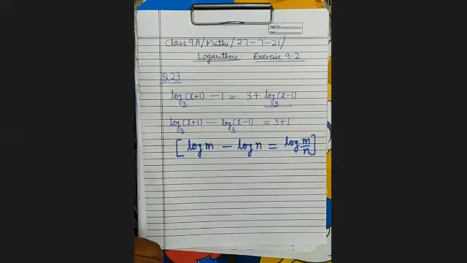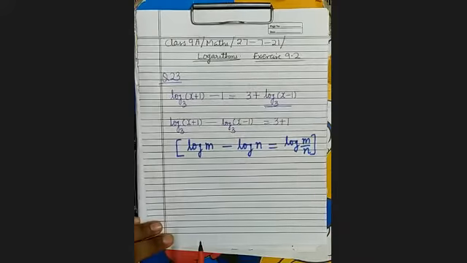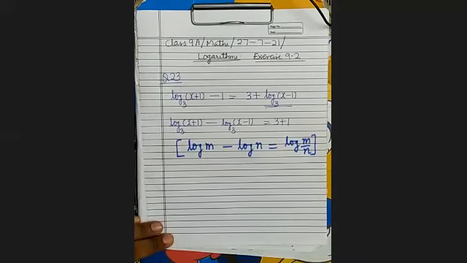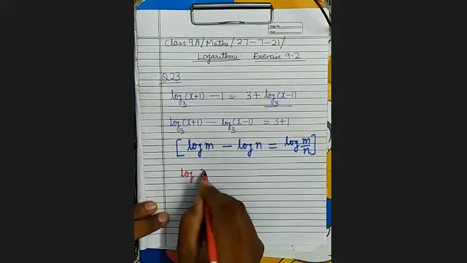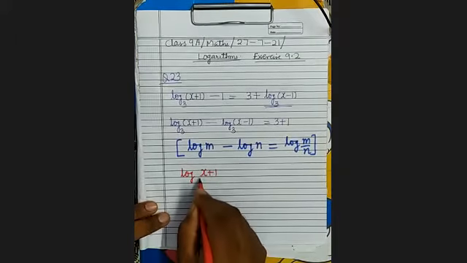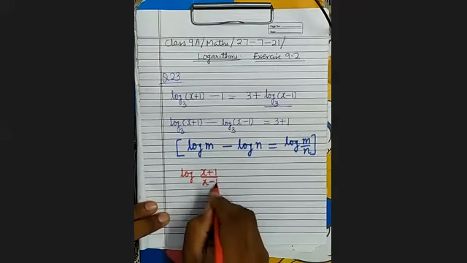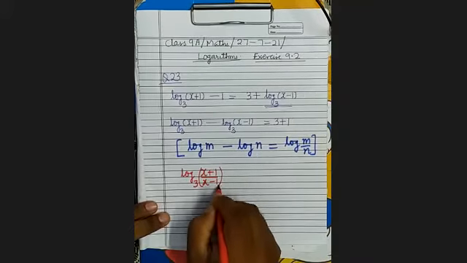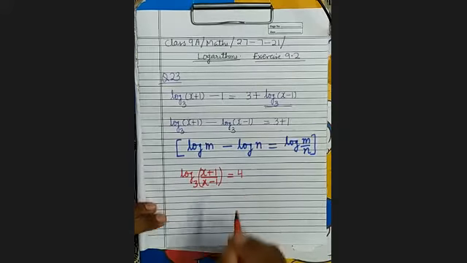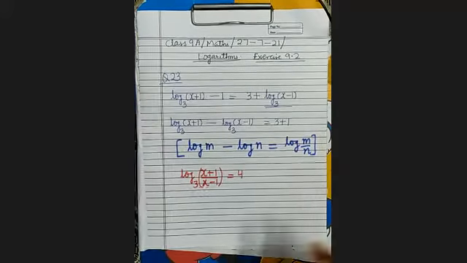So how can you write this? इसको क्या लिखेंगे? So you can see here, it will be log x plus 1 upon x minus 1 to the base 3 equals to 4.